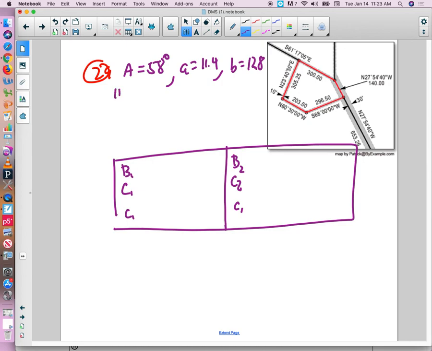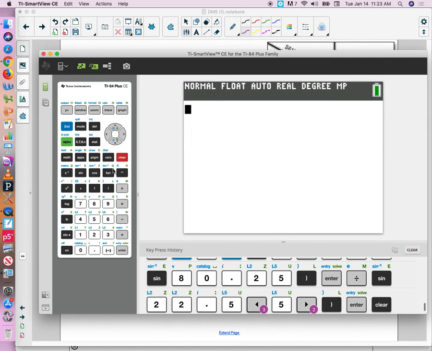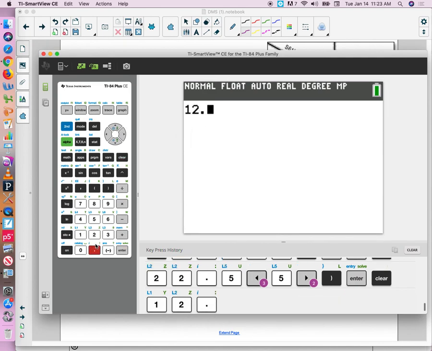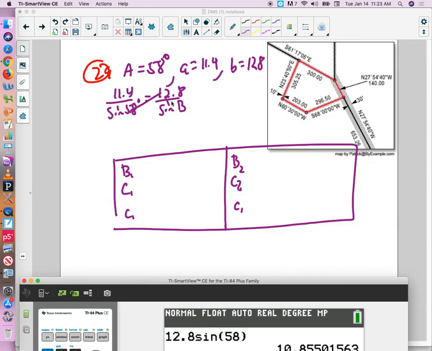So I'm going to say a over sine A equals b over sine B. I'm going to cross multiply really quickly in interest of time. So I'm going to say 12.8 times the sine of 58, and that answer, I'm going to divide by 11.4.